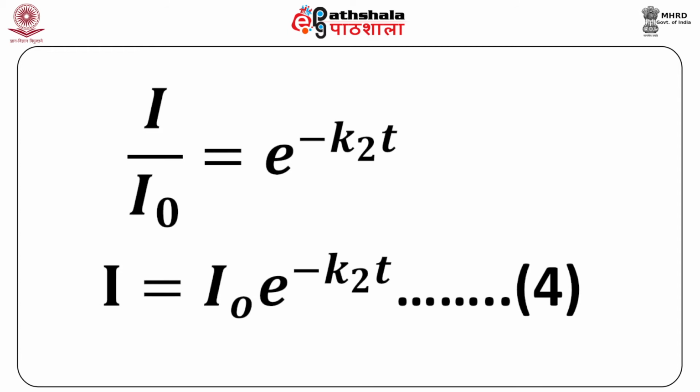Making inverse on both sides, we get I by I naught equal to e raised to the power minus K2t. This gives us I is equal to I naught into e raised to the power minus K2t. This represents the required equation of the Lambert's law.